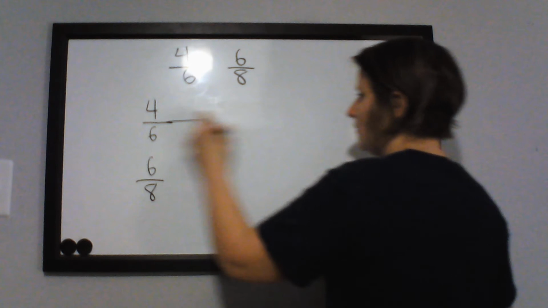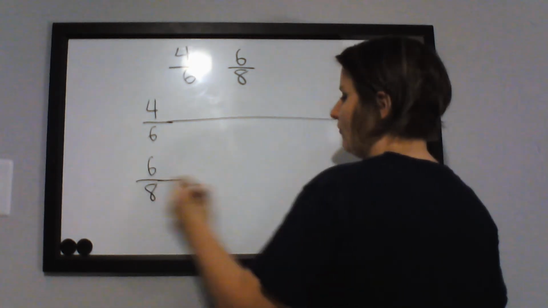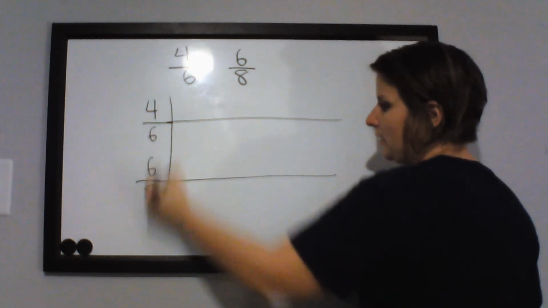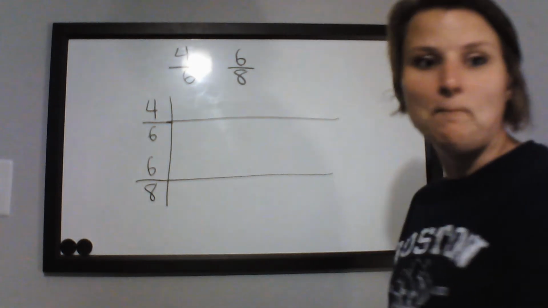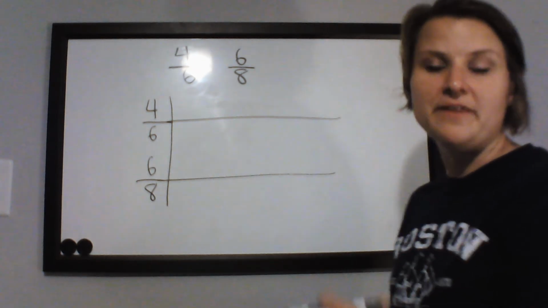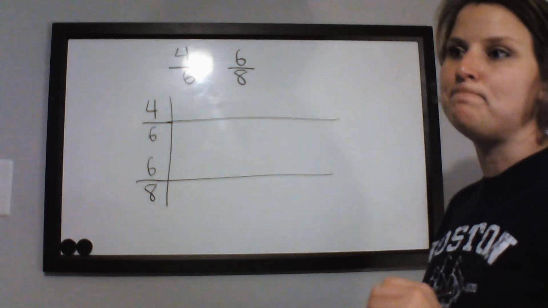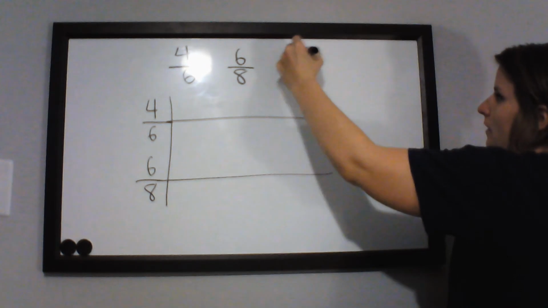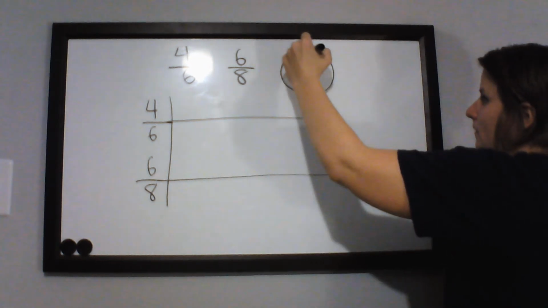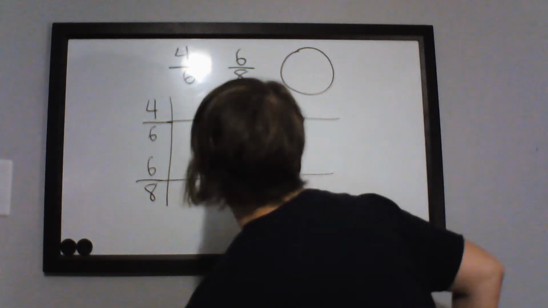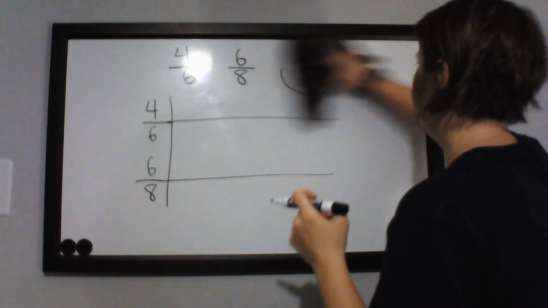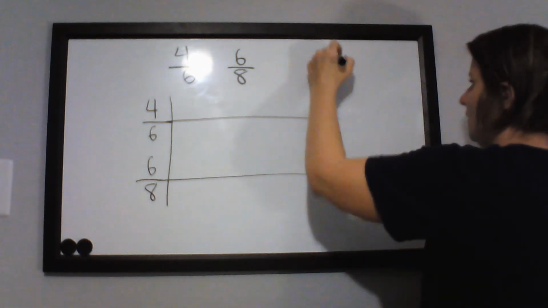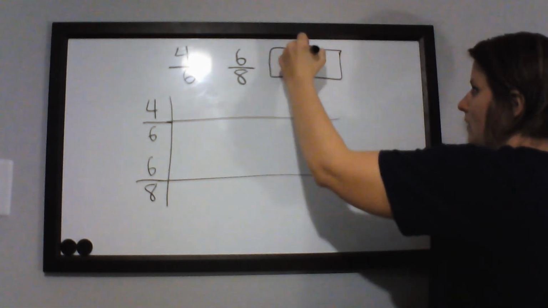And what I'm going to do is I can create equivalent fractions simply by multiplying these numbers by the same number. So if I take 4/6, for example, and I draw it, ooh, I should not draw it in a circle. And I draw it in a bar, okay?